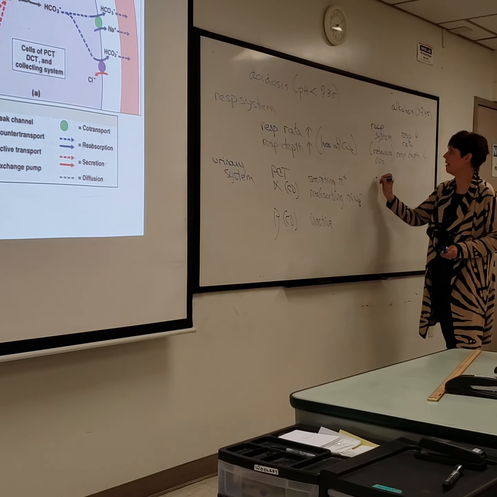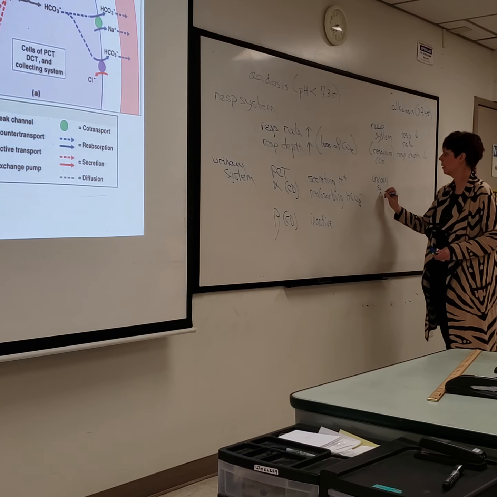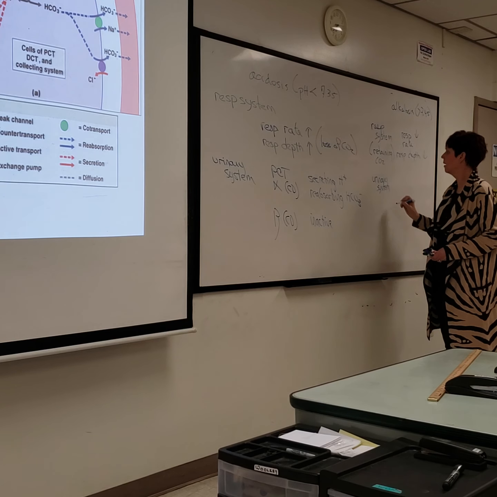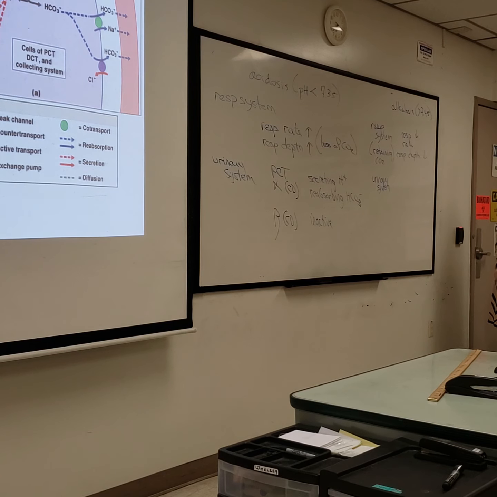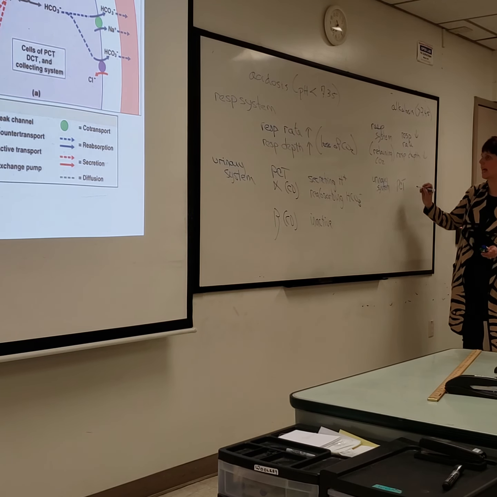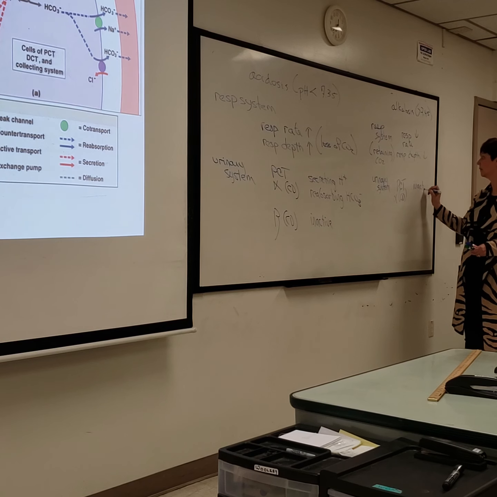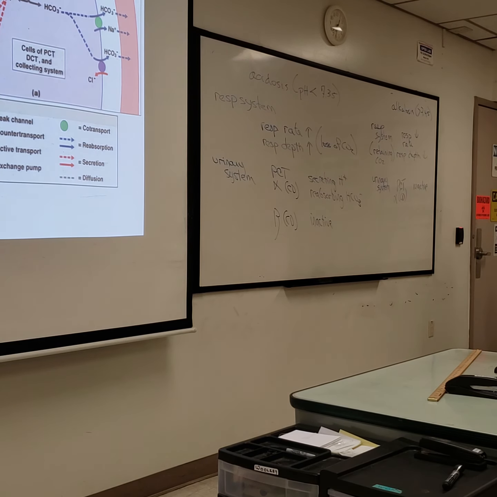All right, with the urinary system, do we want to get rid of hydrogen ions? No. All right. So the proximal convoluted tubule cells and the alpha cells of the collecting duct are going to be inactive. They're not going to be secreting hydrogen. We certainly don't want any more bicarb back because we already have too high a pH.